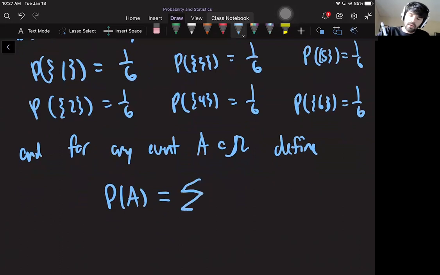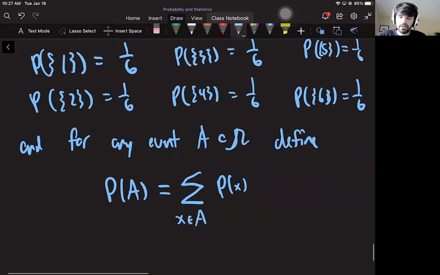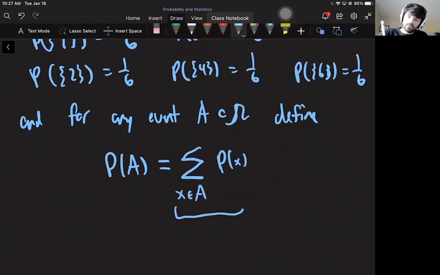So what we're going to say is that this should just be given by looking at the probability of each outcome and adding those up. That's what this is saying. So this is really just saying sum up probabilities of each outcome.